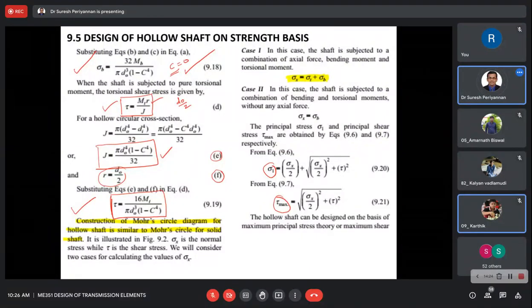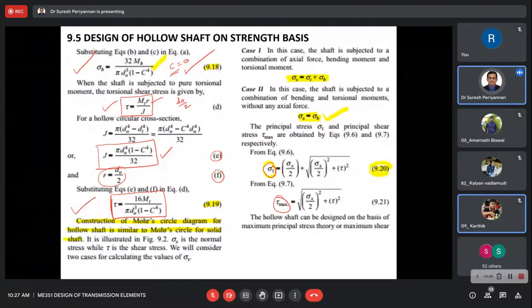Suppose the shaft is subjected to a combination of bending and torsion moment, there is no direct tensile load. Hence sigma x is equal to sigma b only. Based on the maximum principal stress theory, substitute this value of sigma x. So whatever we derived here, substitute equations 9.18 and 9.19 in equation 9.20.